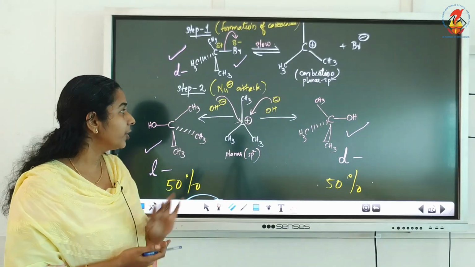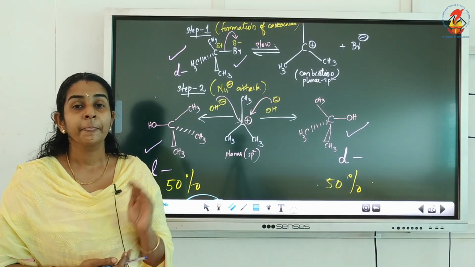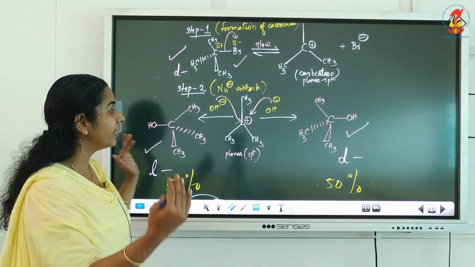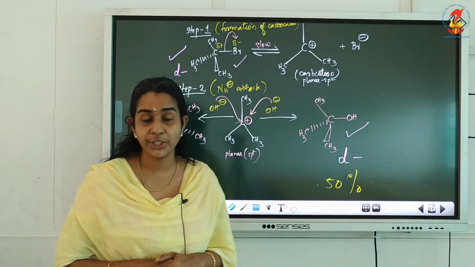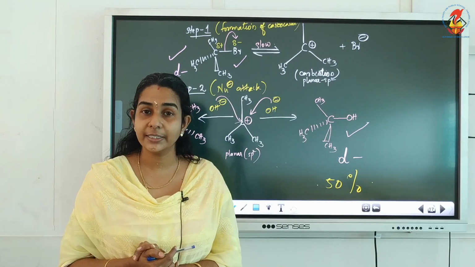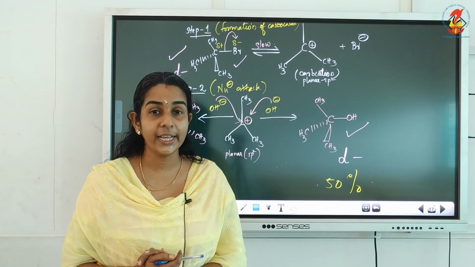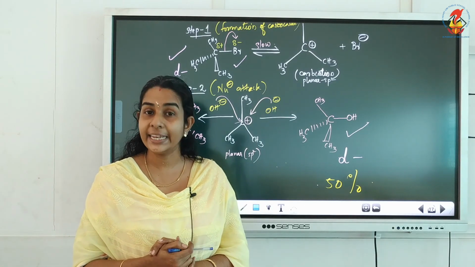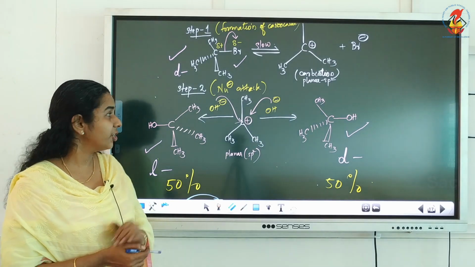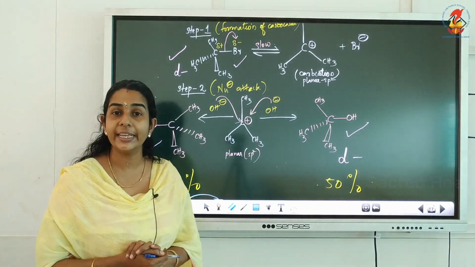Since the carbocation formed is sp2 hybridized and planar in geometry, the nucleophile can attack from either direction, leading to a 50:50 mixture of D and L forms called a racemic mixture, which is optically inactive. So step 1 is the formation of carbocation, and step 2 is the nucleophilic attack.